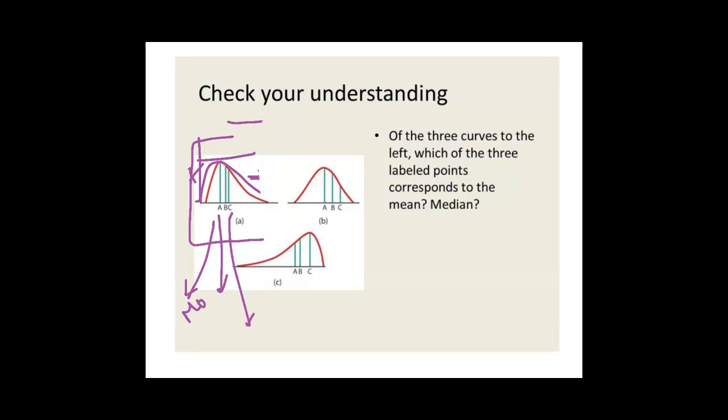I know that in positively skewed distributions the tail's on the right, therefore C must be the mean, because remember the mean is always closest to the tail. And then B, given that it's between the mode and the mean, must be the median.